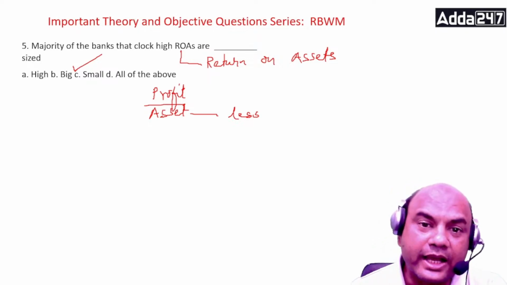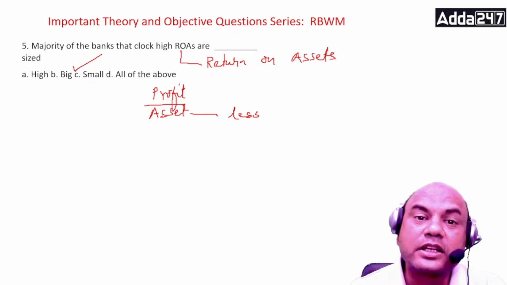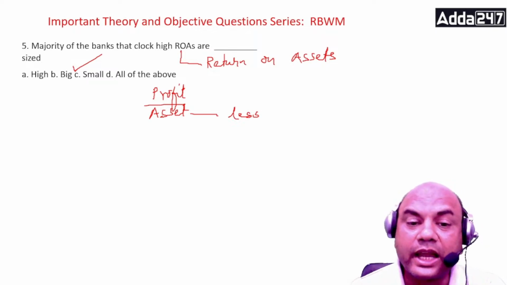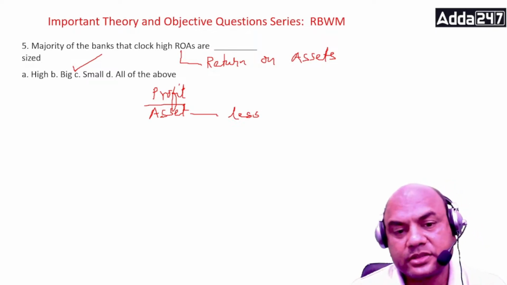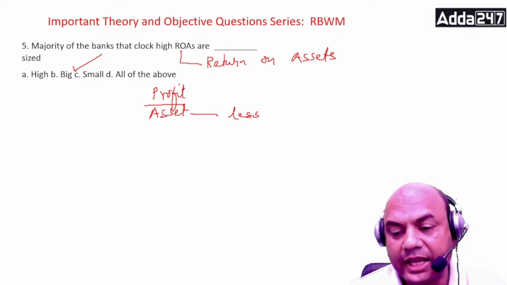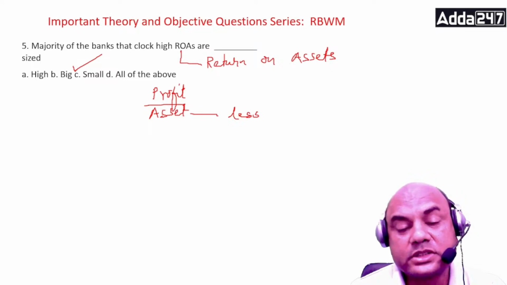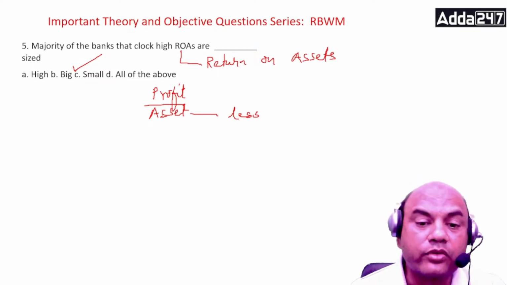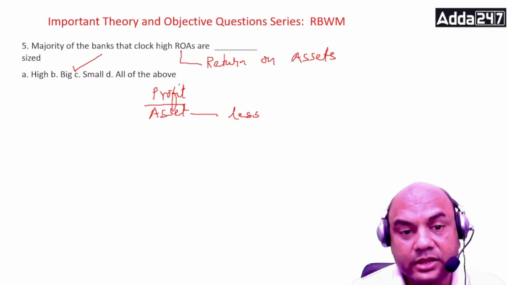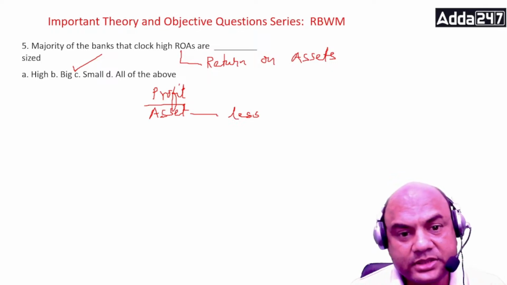So our assets reducing means what? We'll have fewer people, we'll have more computers. So in that case your ROA will increase. That's why it is small size. As the assets decrease, as the technology increases, the ROA of any bank will definitely go on increasing. Got it? Simple.